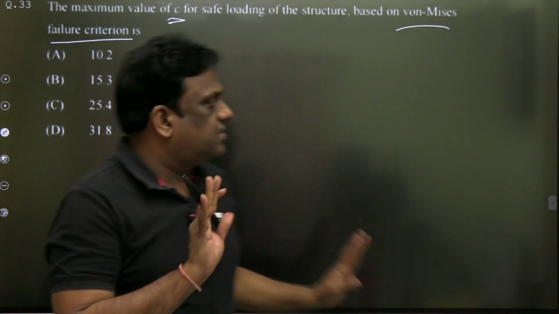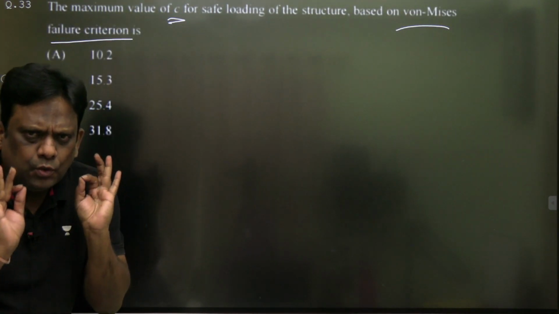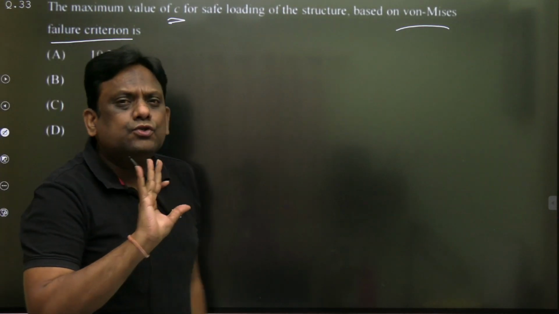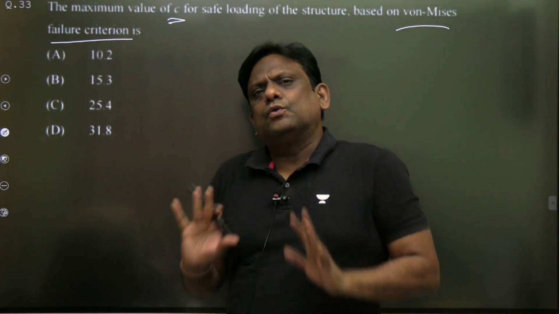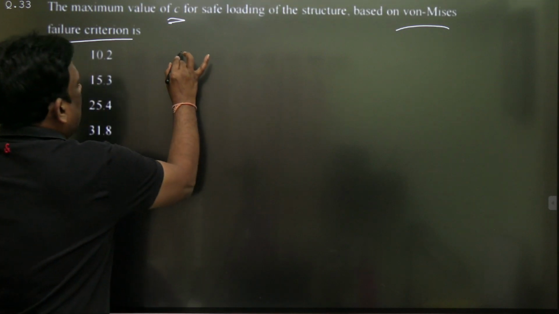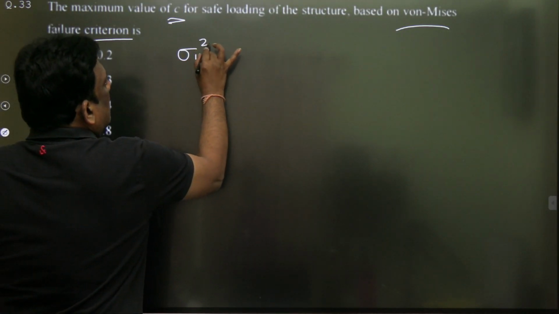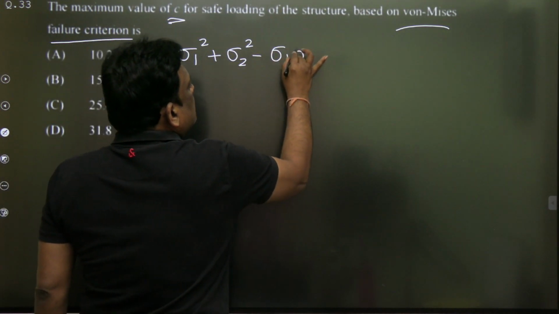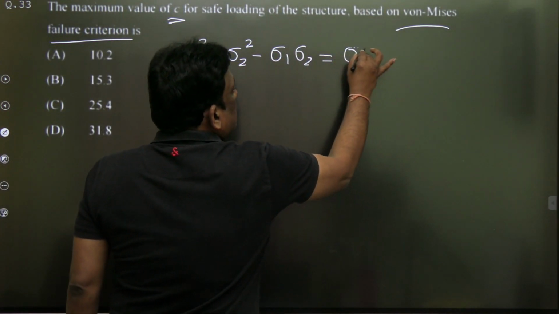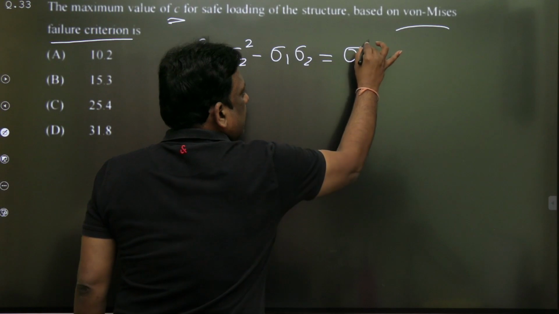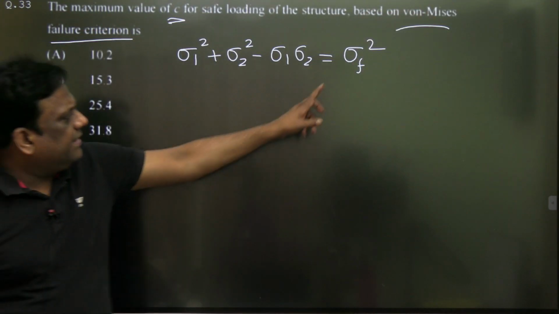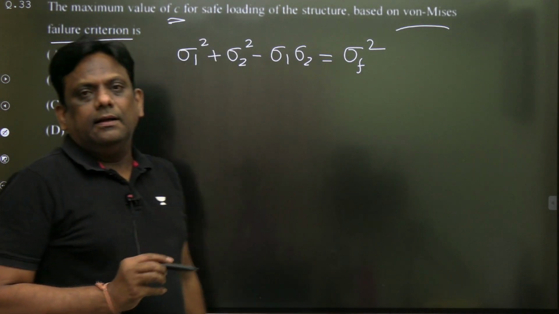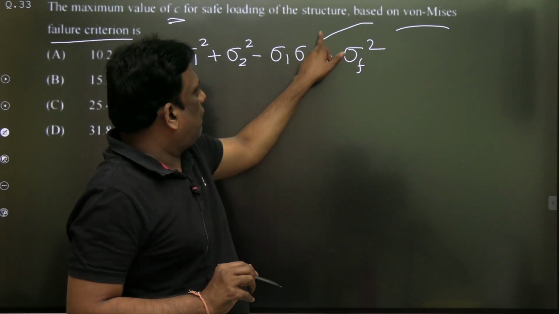You know that according to von Mises criterion, and there is no factor of safety given here, my governing equation is sigma 1 square plus sigma 2 square minus sigma 1 sigma 2 is equal to sigma failure square. It can be yield or ultimate depending on the material. This is my governing equation as per von Mises.